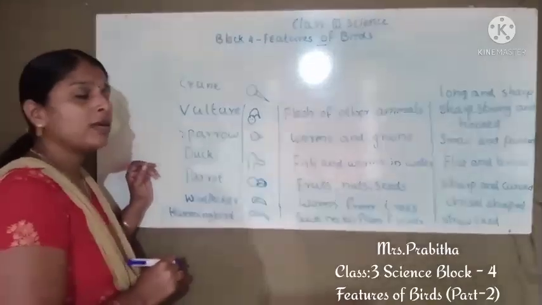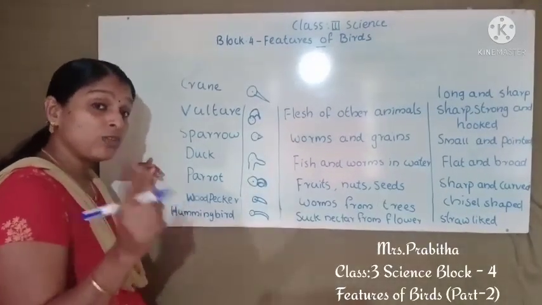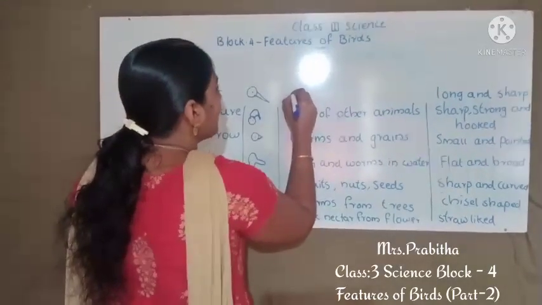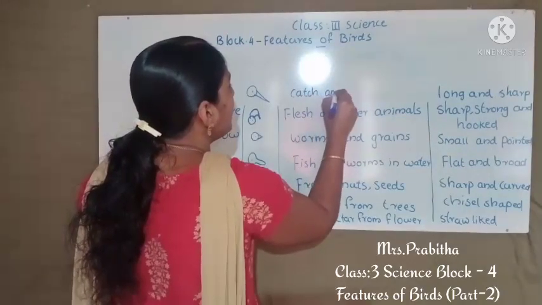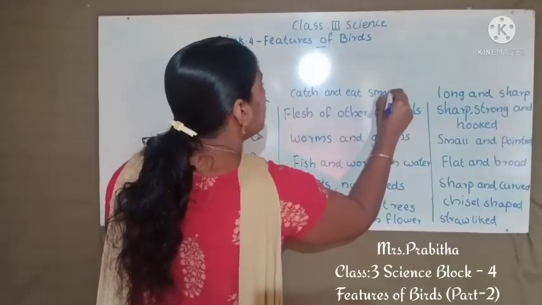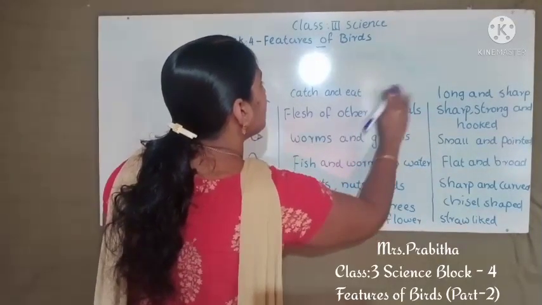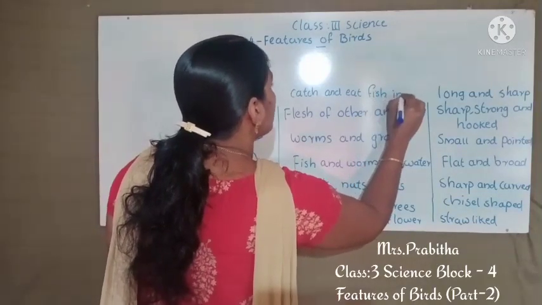This kind of beak helps the bird to catch and eat, yes, fish from water. Okay, so they catch and eat small fish. It helps them to catch and eat fish in water.